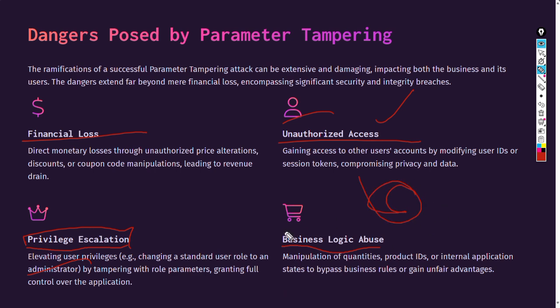So yeah, this is a pretty critical bug that exists in many sites because let's say you're a developer developing a site and you don't have any idea. To make it easy for the development process, you set up the server so that when someone clicks on buy now, before going to the payment method, it takes the price and all the values from the client side to the server side, which you can do.